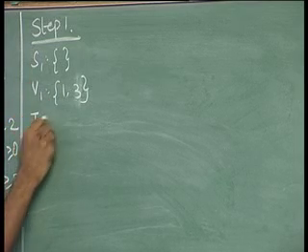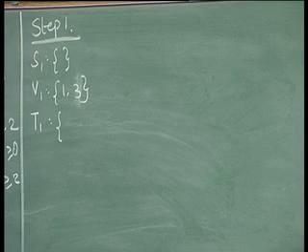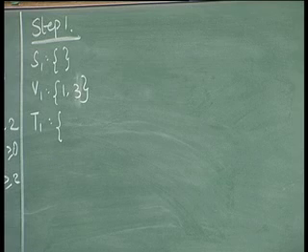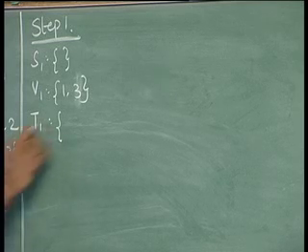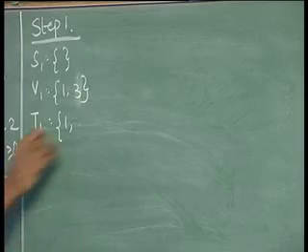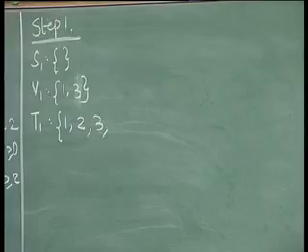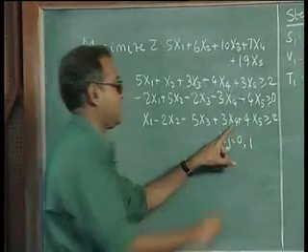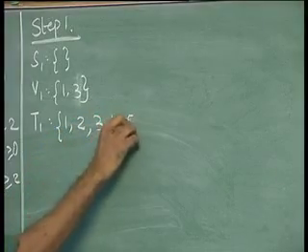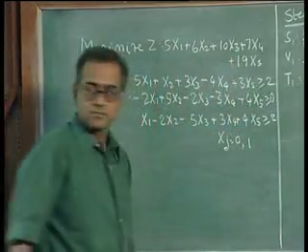Then we want to get a feasible solution. So, we define another set called a set of helpful variables, and any variable which has a strictly positive coefficient in any one of the violated constraints is helpful. So, x1 is a helpful variable, x2 is a helpful variable, x3 is a helpful variable, x4 is helpful because it has a plus 3 here, and x5 is also helpful because of both.